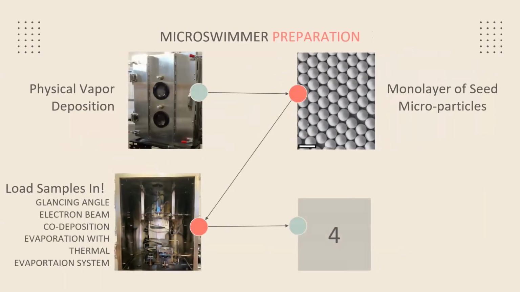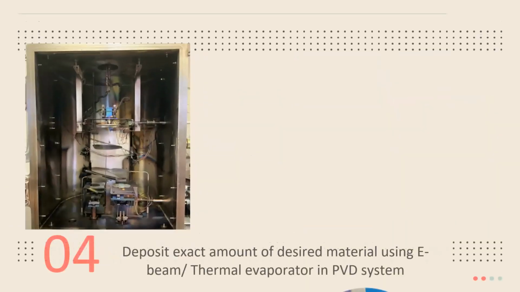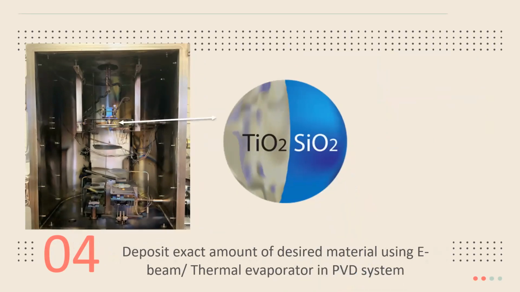And like I said, this deposition process takes place in a high vacuum sealed chamber. So once we get to that low pressure, below 1, around 10 to the -6, we could start depositing. So here's just an example of a Janus sphere of titanium dioxide.